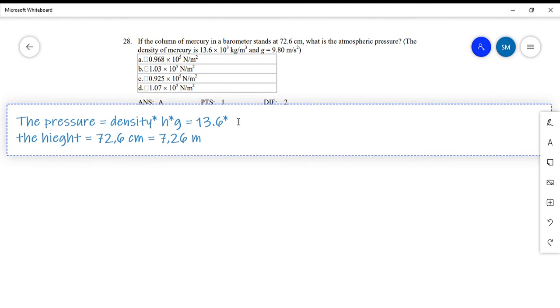So this is the height in meter. We have to substitute it in meters: times 7.26 meter times the gravity, which is 9.8. So the result will be 0.968 times 10 power 5 Newton per meter square.